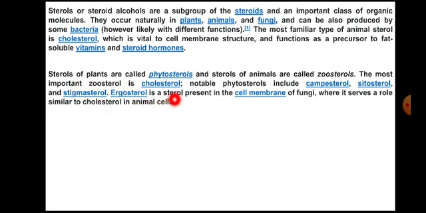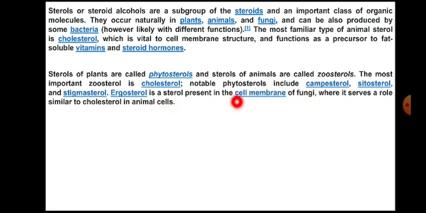Ergosterol is a type of sterol which is present in the cell membrane of fungi. That means these sterols are important in order to give structural integrity to structural components like the cell membrane. So it serves a role similar to cholesterol in animal cells.